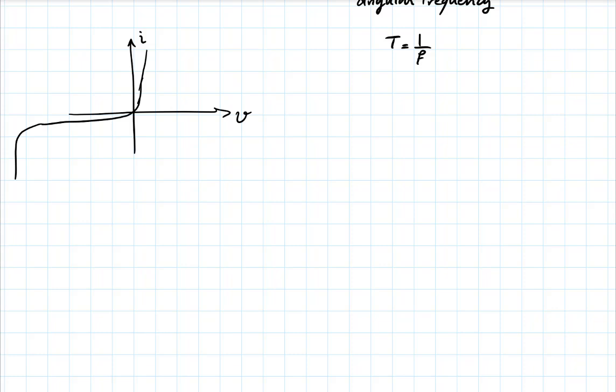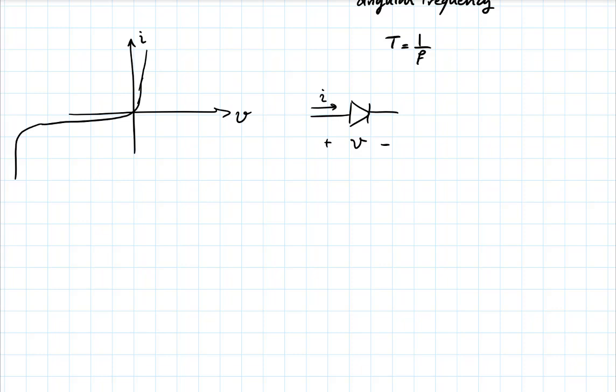So if you had a slightly positive voltage applied across it, if this is the diode, and this is V, and this is I. If you have a slightly positive voltage, and that would be a fraction of a volt, say about 0.5, 0.6 volts, then it would allow essentially any positive current. In the reverse direction, if you applied a negative voltage to it, it would allow a very, very small current.